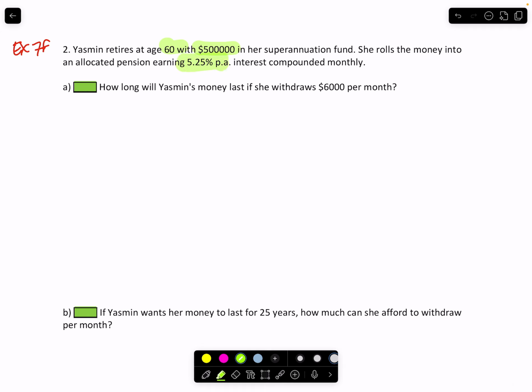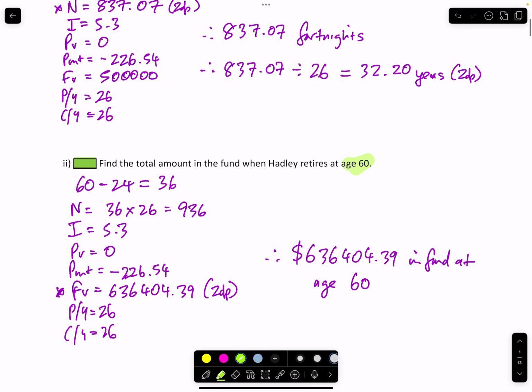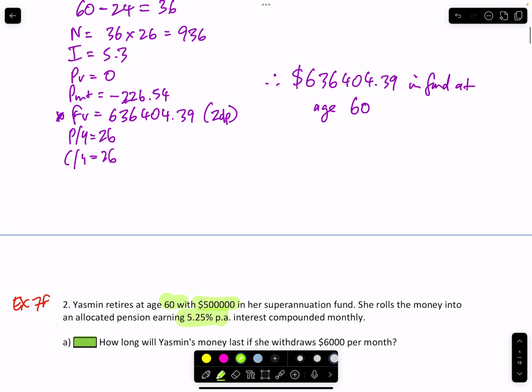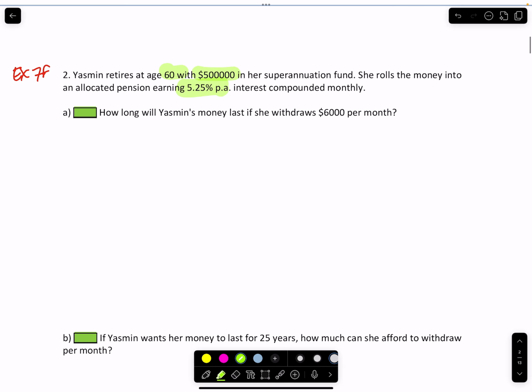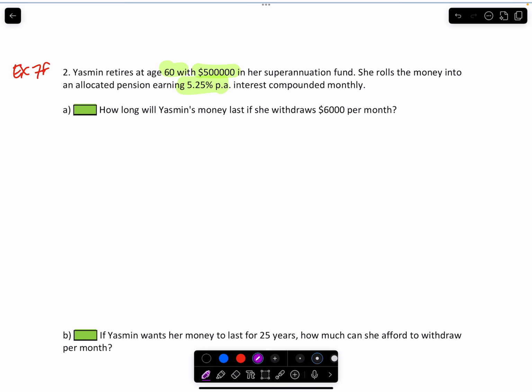Instead of this question, which is mostly about what Hadley is doing while he's working and getting up to retiring, he's putting money into the super account. Yasmin has finished all that. She's going to retire and she's going to live off this for the rest of her life. Interest is compounding monthly. How long will it last if she withdraws $6,000 a month?